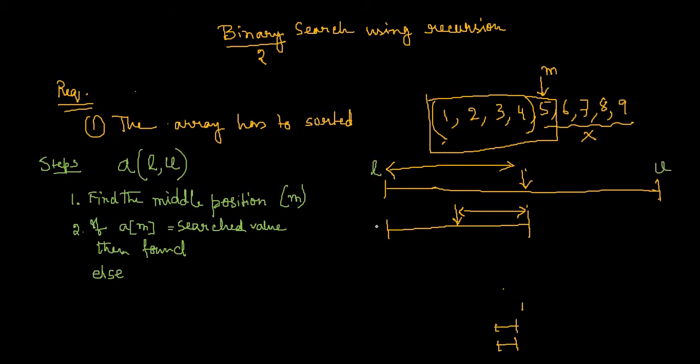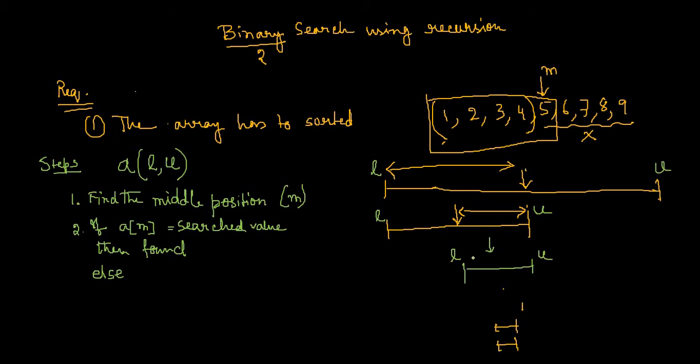Now, due to this scenario, L will be here and the new U will be this one, right? For the next scenario, U remains the same and the new L becomes like this. So you are adjusting your L and U to minimize the search space logically and finally find the data.